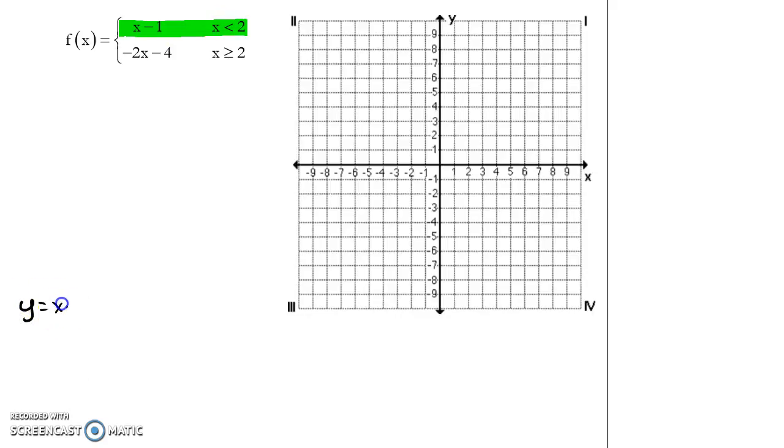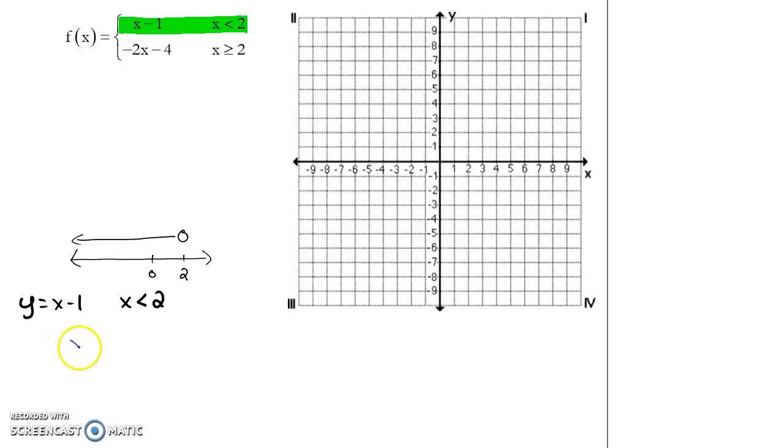We are going to create a table of values here, x and y.